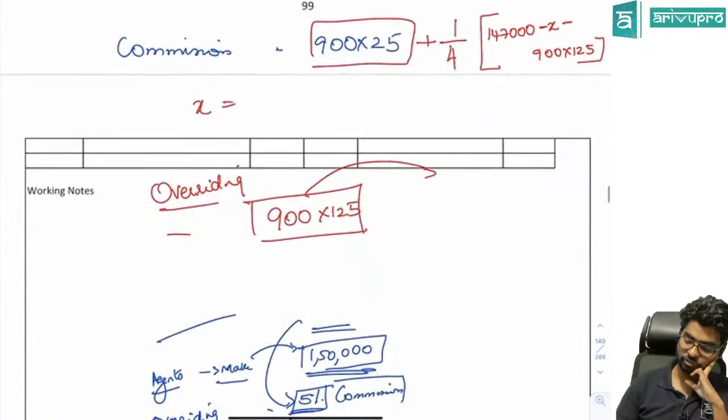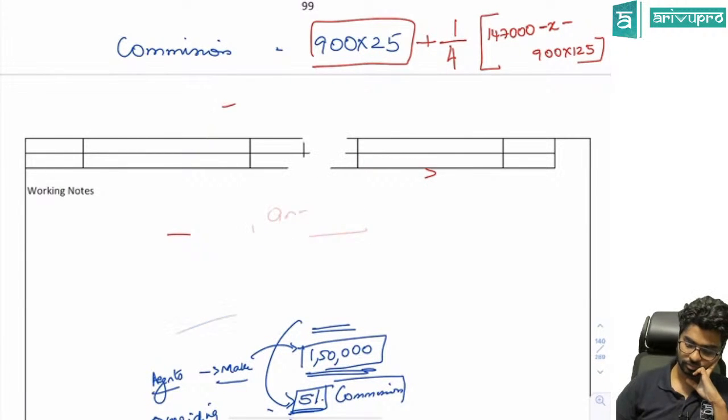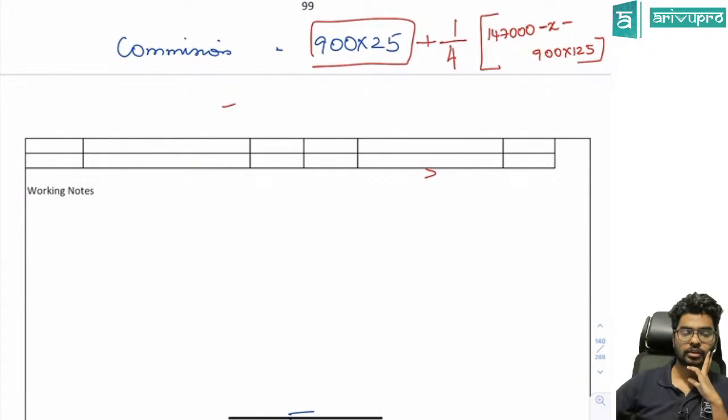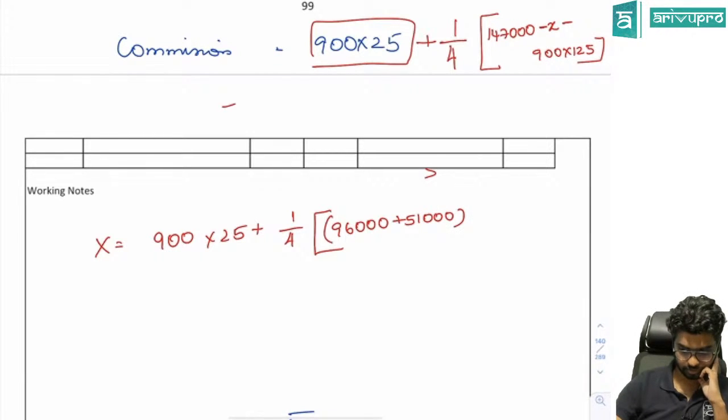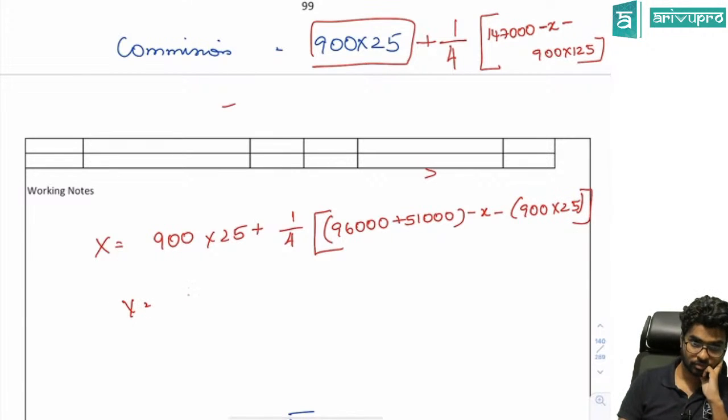Right? So now let us start to solve for x. Let us solve for x. X is equal to 22,500.